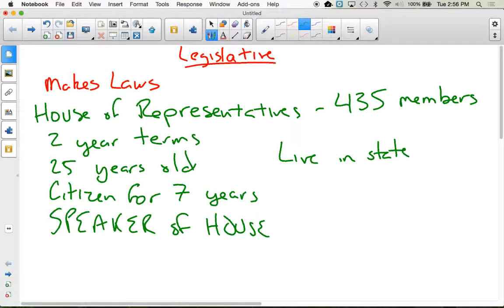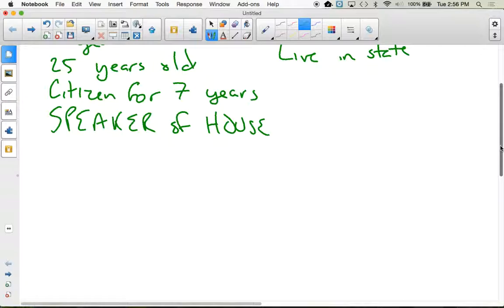Okay. If a representative dies or resigns, there is a special election to select a new person. Okay. Can they be impeached? Yes, you can. The House has the power of impeachment.